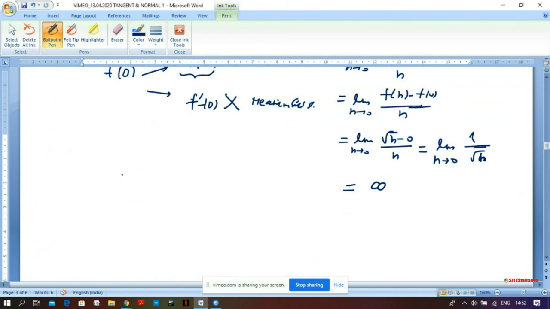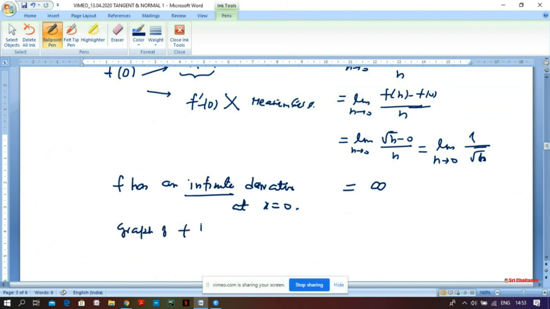In fact, what it is called is that f has an infinite derivative at x equal to 0. And so by definition, the graph of f has a vertical tangent at x equal to 0, the origin.